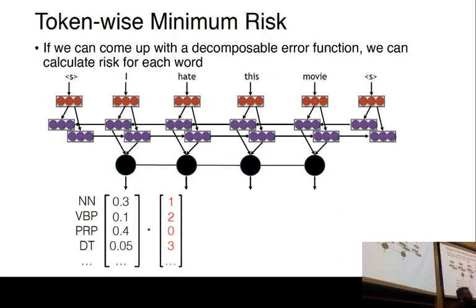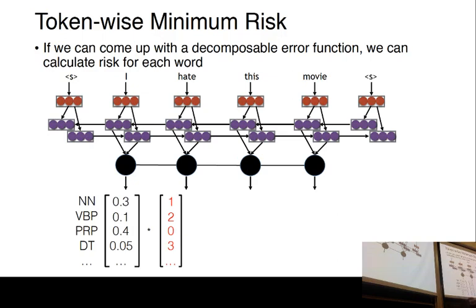And on a final note, if you have an error function that can be decomposed into each token in the output, then you could calculate risk for each word. This is just an illustration of how you could have minimum risk training with CRFs, where you have an error function that gives you the risk over each of the wrong ones.